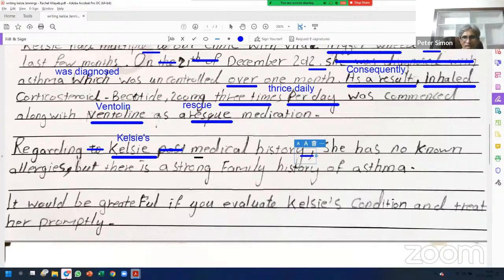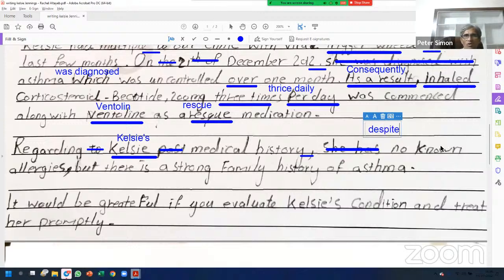Okay, regarding Kelsey's medical history, despite, use the word despite. Despite is a good word. Despite, remove all this.